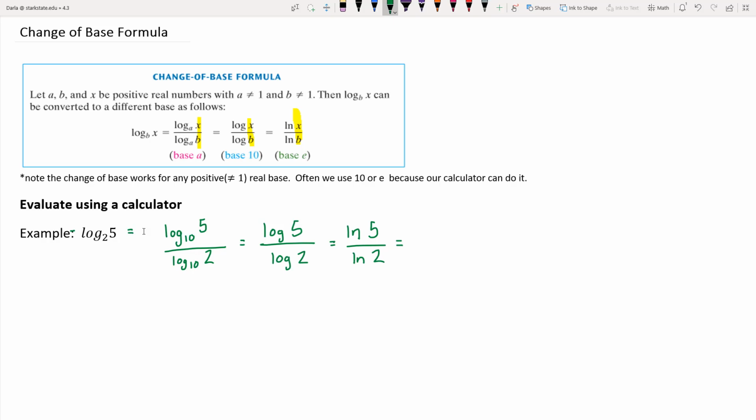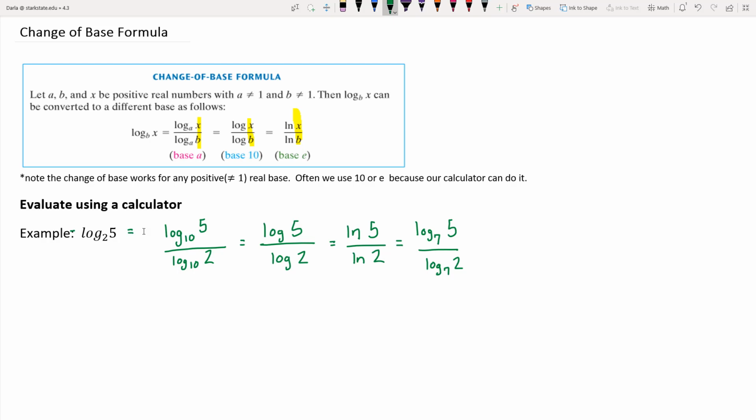I could use some other positive real number that's not one, so anything that I want to come up with. So let's say I wanted to do log base 7. So I could say log base 7 of 5 over log base 7 of 2. And all those results would be equivalent.